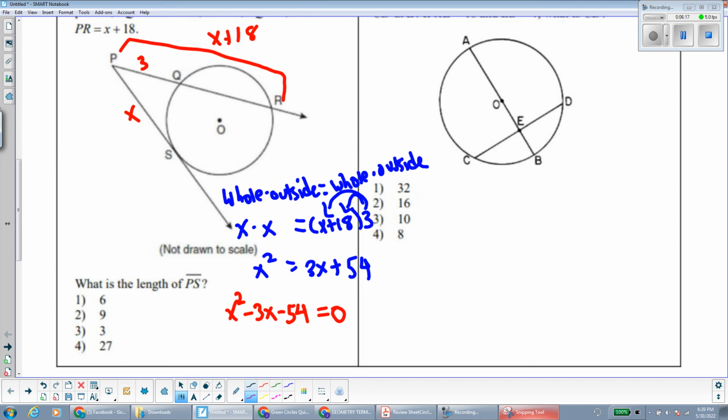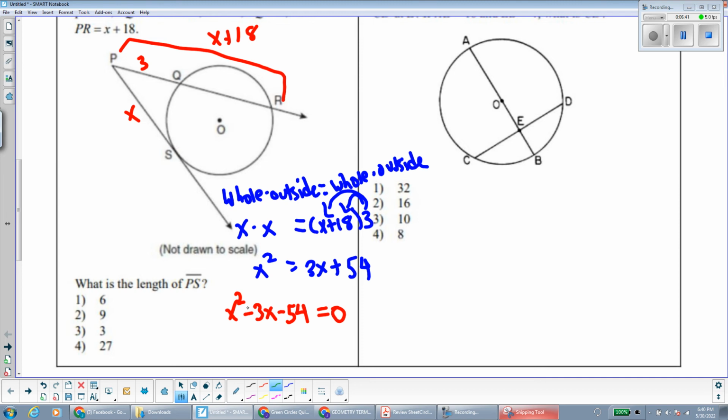So when I'm factoring, I'm looking for two factors of negative 54 that add up to give me negative 3. So basically, I'm looking for two numbers that multiply to give me negative 54 and that add to give me negative 3. The numbers that come to my mind are 9 and 6 that multiply to give 54. So one of them has to be negative to give us a negative product.